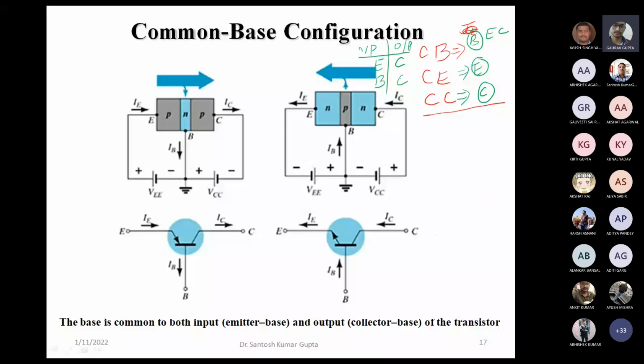And in common collector, input is again at base and output is at emitter. So in this way, we have seen that there are three possible configurations as shown over here. And out of this, we can see that output can be taken only at collector or emitter, whereas input can be given at emitter or base.